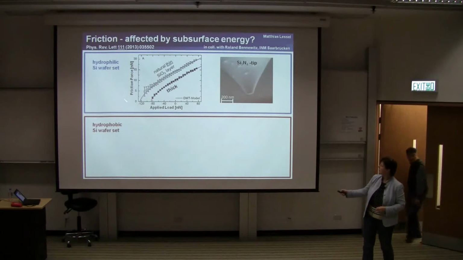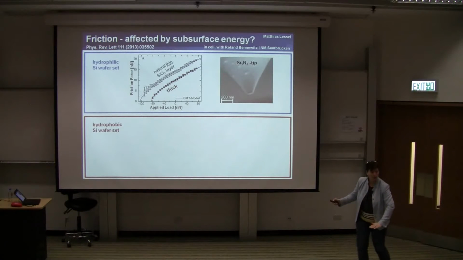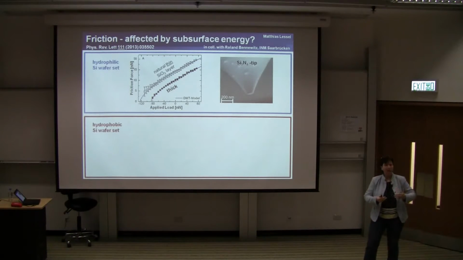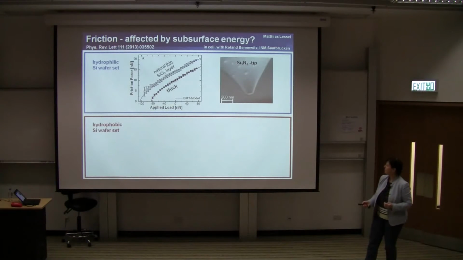Here is the hydrophilic wafer set, and here's the friction force as a function of applied load. And you see that the friction force is always larger for the same applied load as compared to the thick silicon dioxide. So the van der Waals forces act like an additional applied load. Sounds pretty clear, but we had to fight for this.